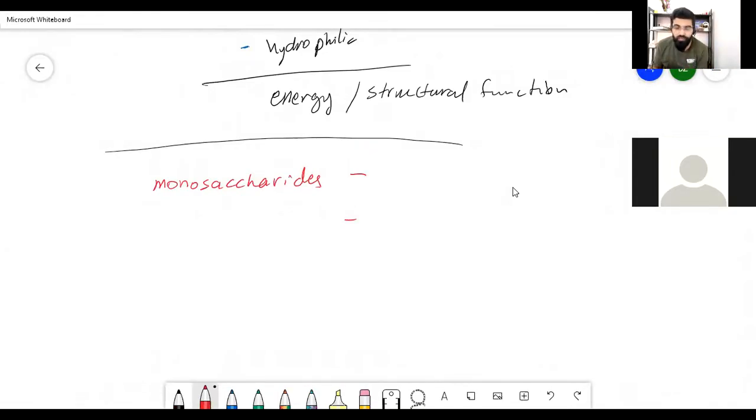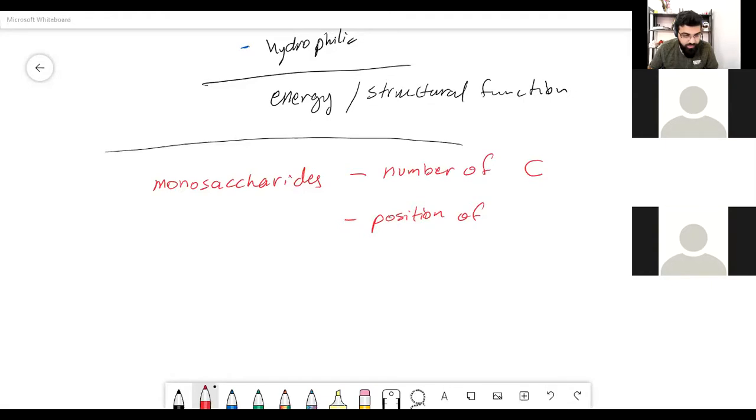We have different types, or two types even, according to the number of carbon atoms, number of carbons, and position of what? The position of the carbon? Position of atoms? Which atoms do you mean? The carbon, what's it called?